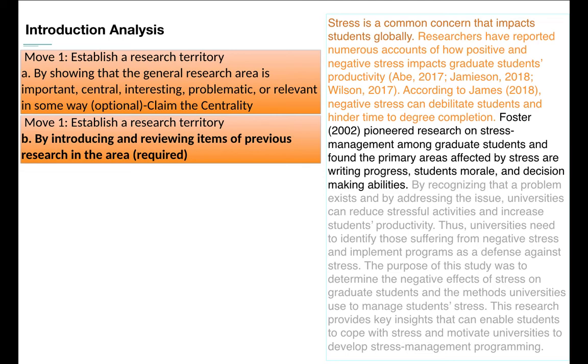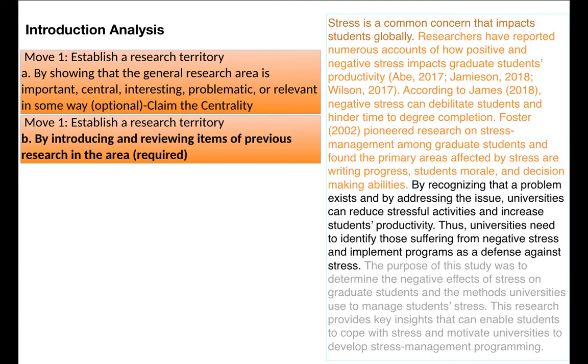Okay, then let's move to the third sentence. Obviously, it's also the literature review. We see the year and the person. Then the next sentence: by recognizing that a problem exists and by addressing the issue, universities can reduce stressful activities and increase students' productivity.